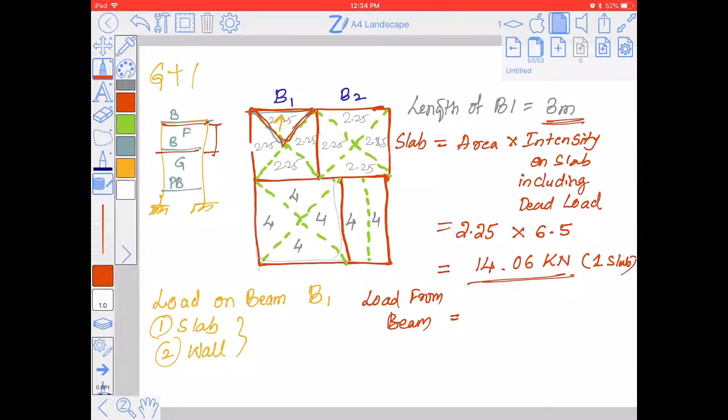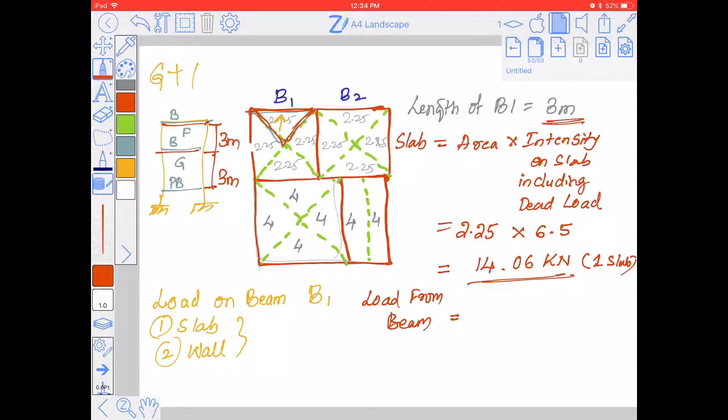Generally this height is 3 meter. Residential buildings have a clear height of 3 meter. Is it clear? Okay, Mega, you got 14.625, whatever.